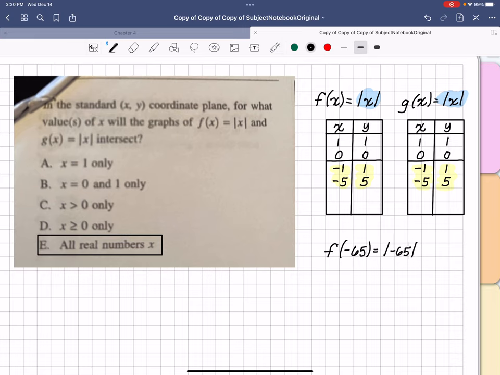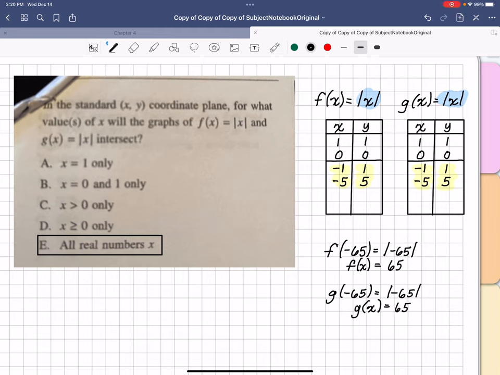So I put in -65, that's my x value, and the y value is going to be +65 because we have the absolute value. If you put that same -65 into g of x, you will get the same answer that you got for f of x because the function is the same.